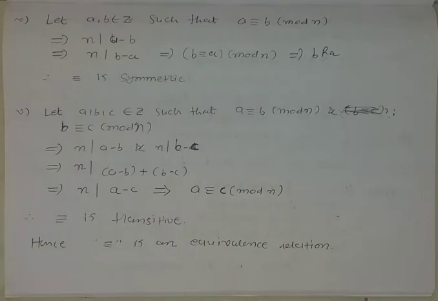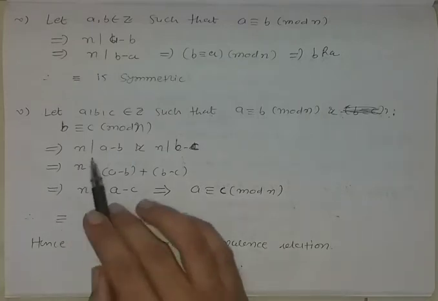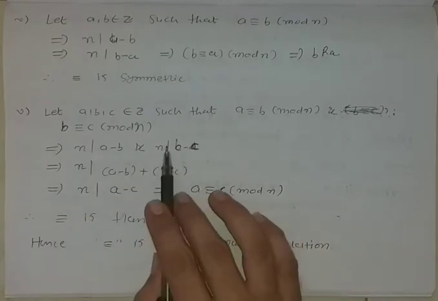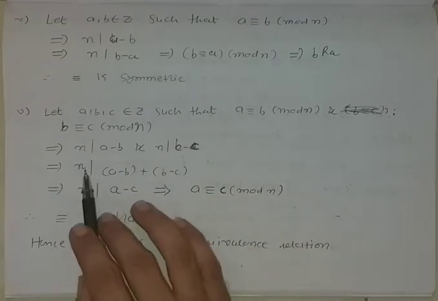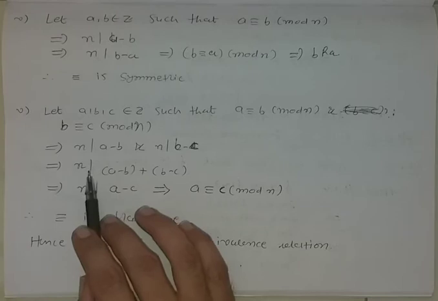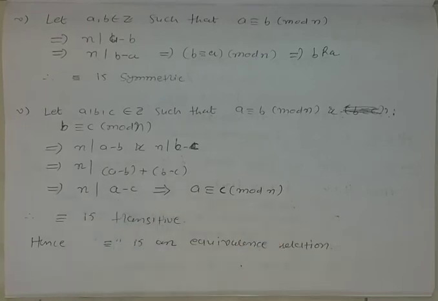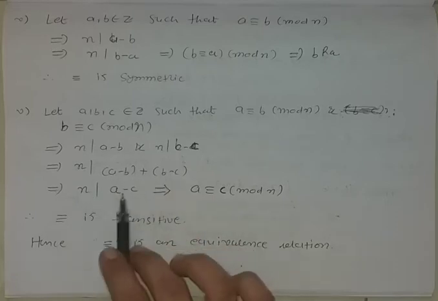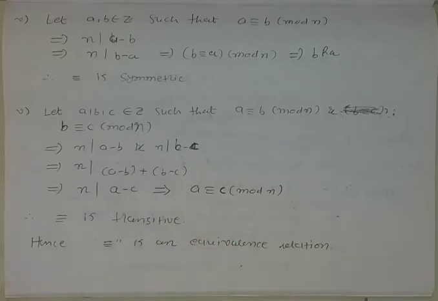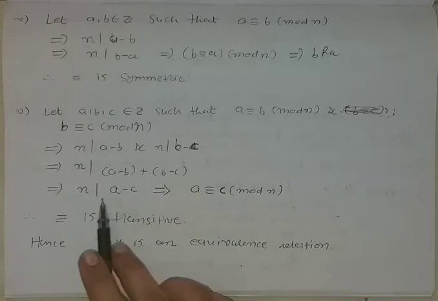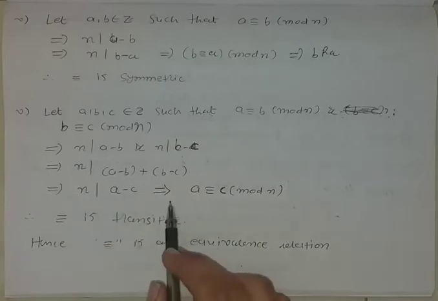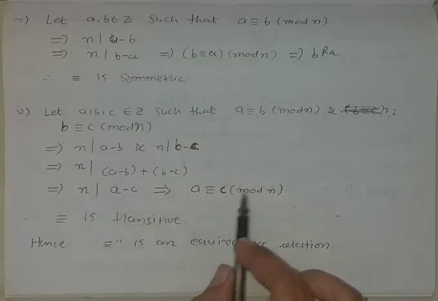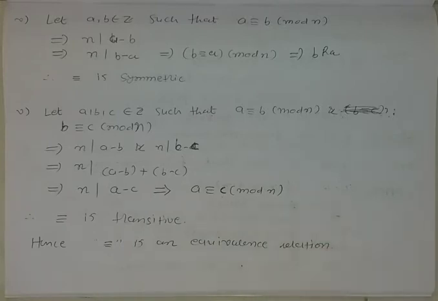We use this law in this step. So N divides A minus B and N divides B minus C, so this implies that N divides A minus B plus B minus C. By simplification we get N divides A minus C because B is cancelled out. This implies A is congruent to C modulo N. So this is transitive.